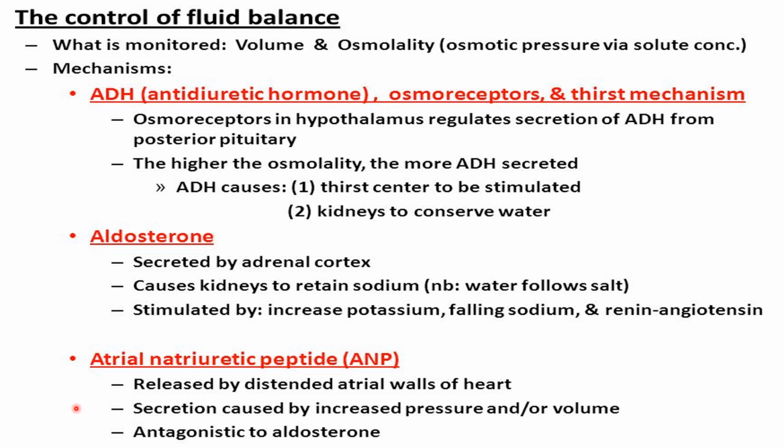Now the third is atrial natriuretic peptide, which is also known as ANP. It is released by distended atrial walls of the heart. The secretion is caused by increased pressure and or volume, and it is antagonistic to aldosterone. So it plays the opposite role of aldosterone. So this is how there is control of ions and fluid balance in our body.